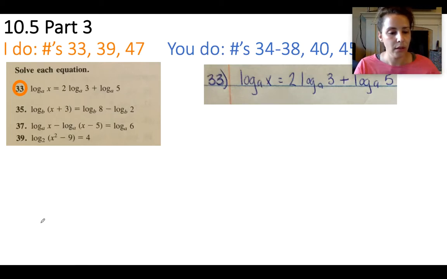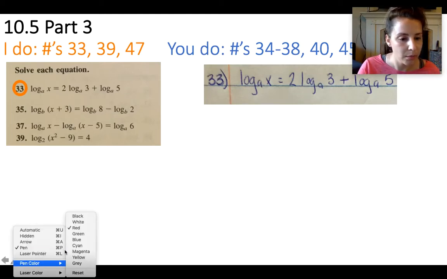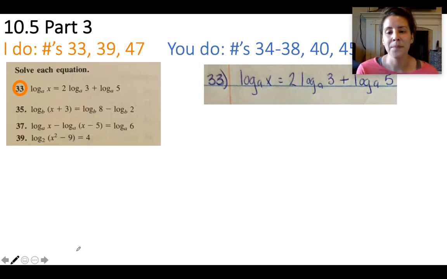So I want, magenta, my usual. Okay, so right now I have 3 logs, and I have 1 log set equal to 2. So we're going to use our laws of logarithms. I see I have this coefficient. I know a coefficient, when I bring it back into log form, is an exponent, so I'm going to do that first.